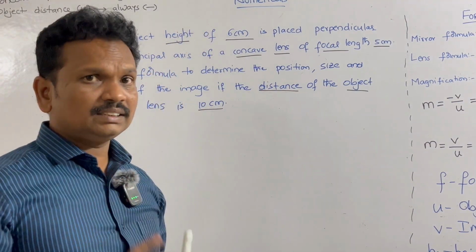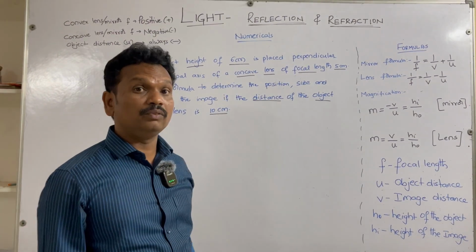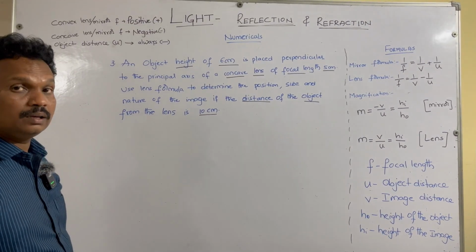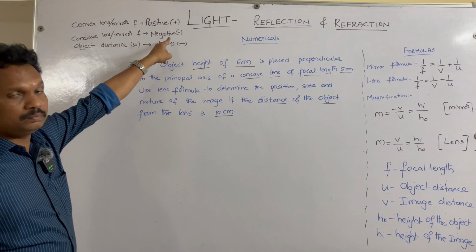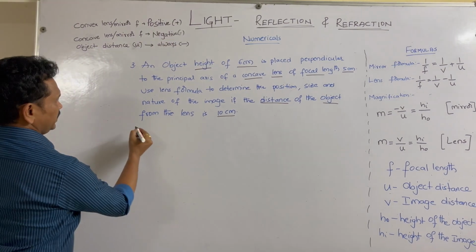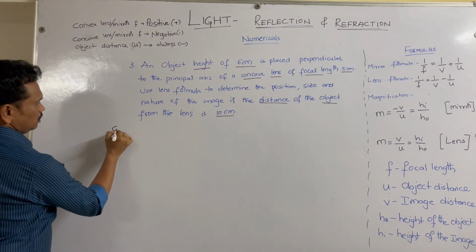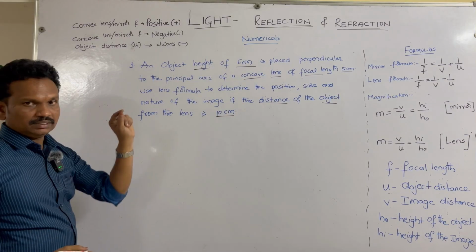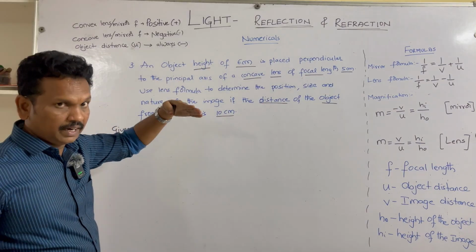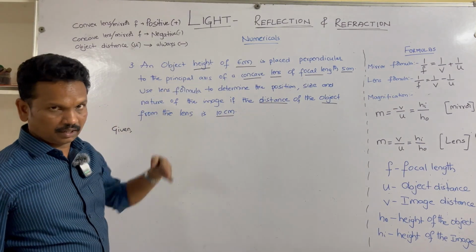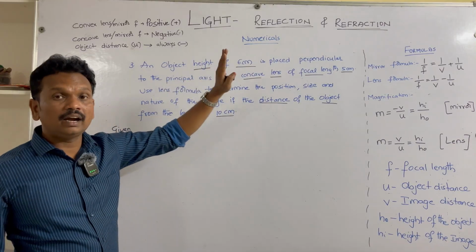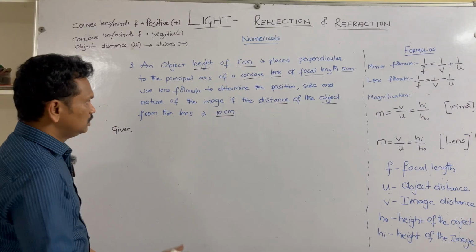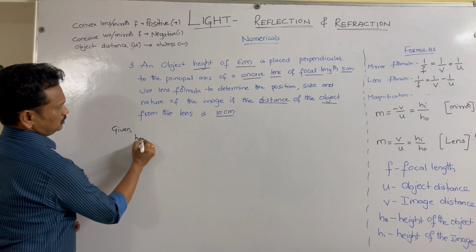First, what is the lens? Concave lens. Concave lens, focal length negative. First, write the given data. Given: object distance, image we need to find, focal length, all we write. First, this is the height of the object.